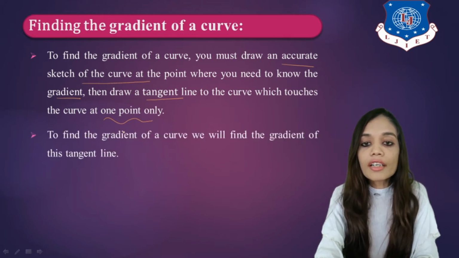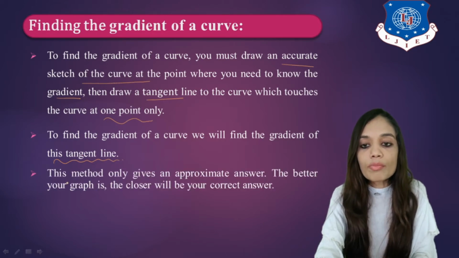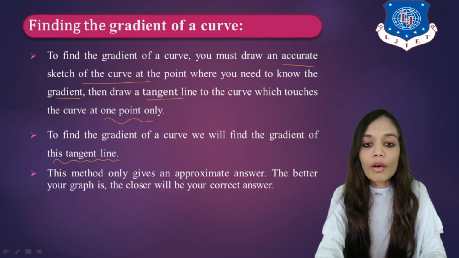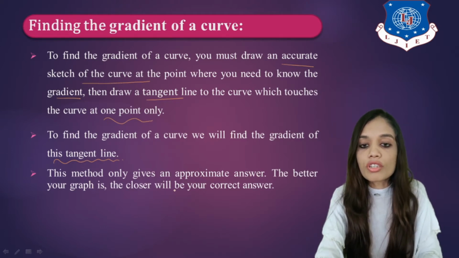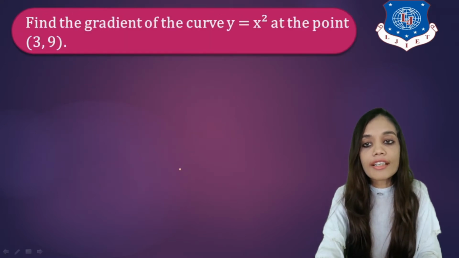Now to find the gradient of the curve, we will only find the gradient of this tangent line, which is a straight line. So this method only gives an approximate answer. The better your graph is, the closer will be your answer to the correct one. Now let's see one example.